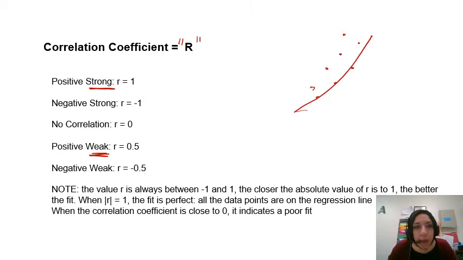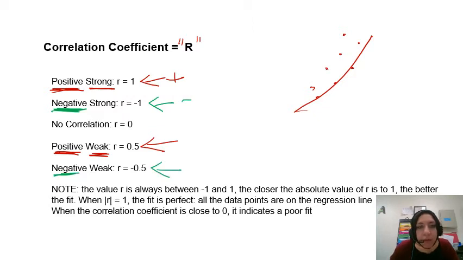So a positive correlation coefficient is obviously going to be a positive R. These are positive R's, right? If we have a negative correlation coefficient, your R is going to be negative, right?